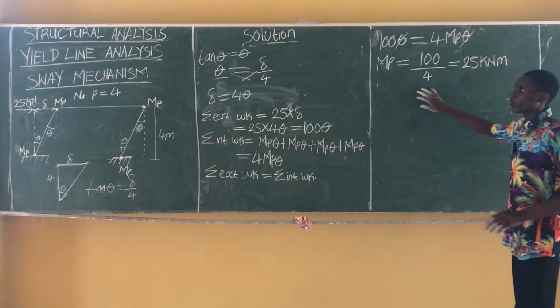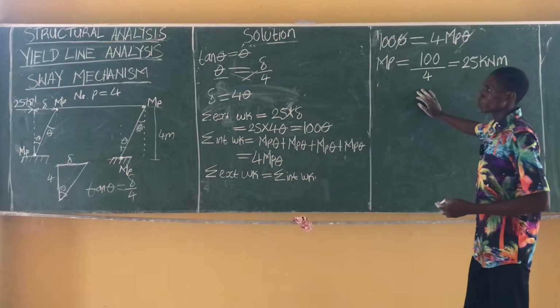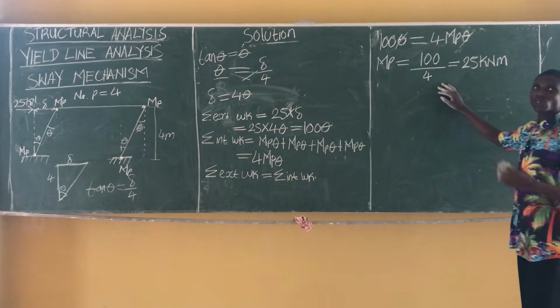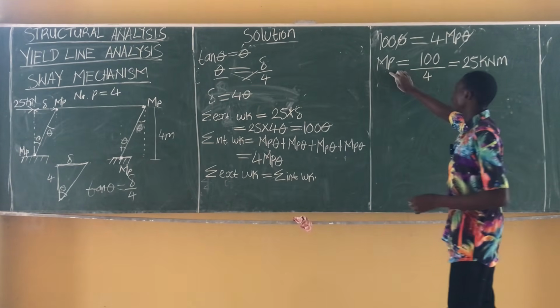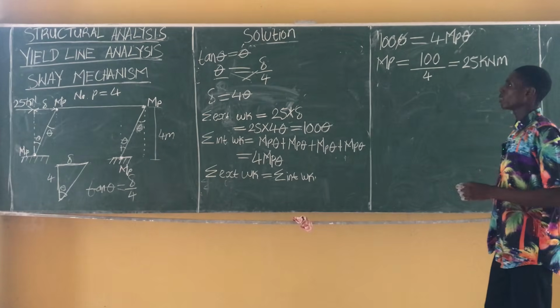Now, after getting our beam mechanism and our sway mechanism, the final mechanism we consider before we determine the expression for the value of our plastic moment is the combined mechanism.